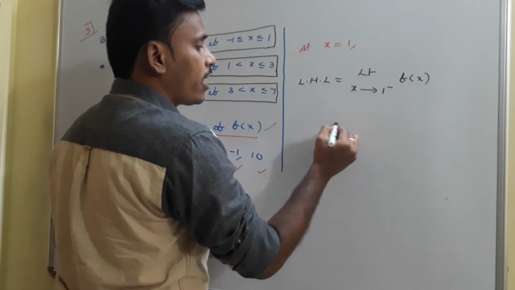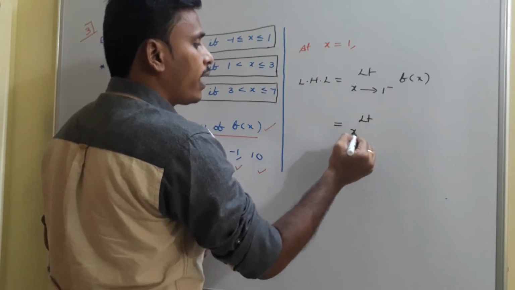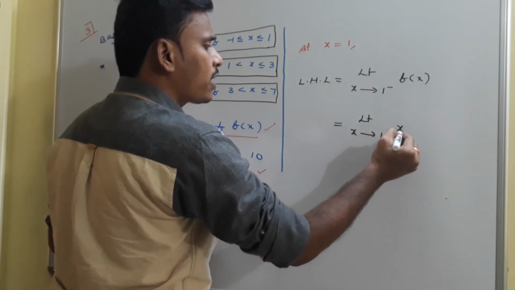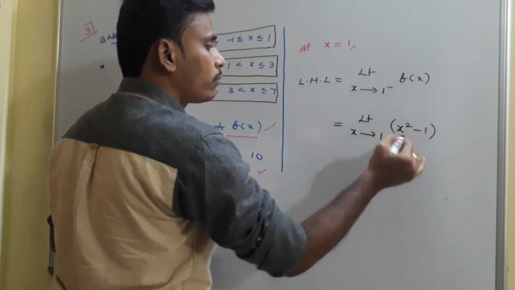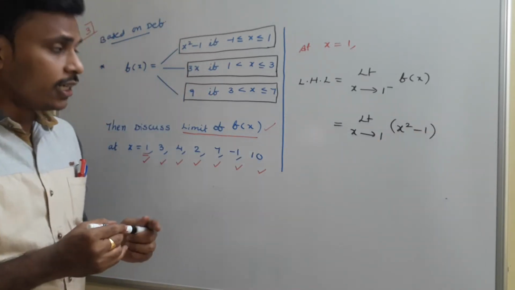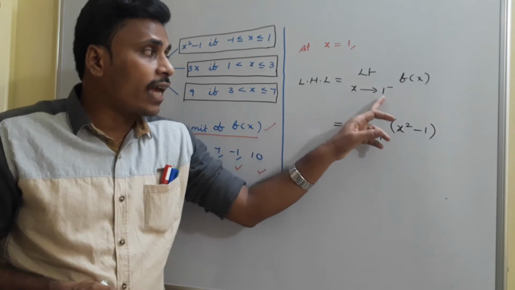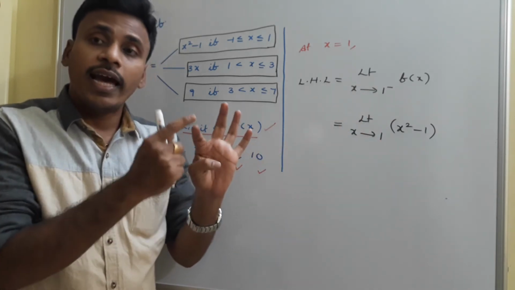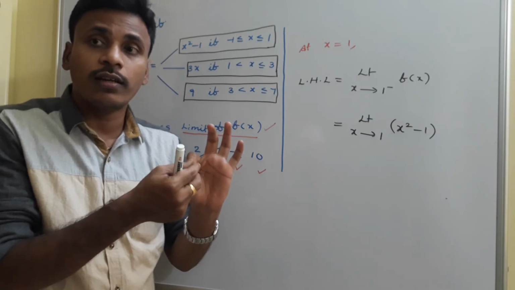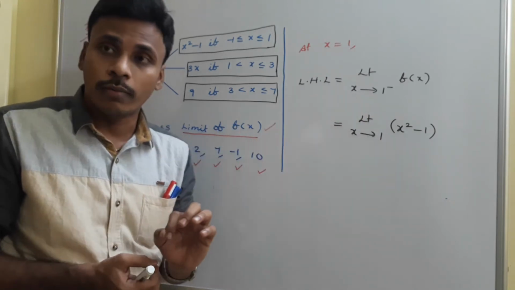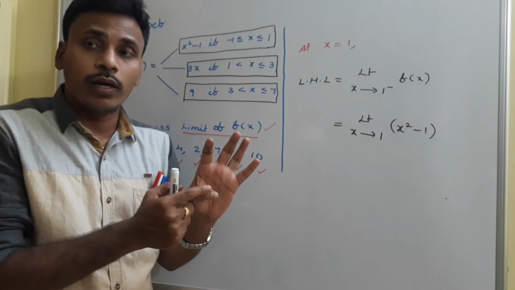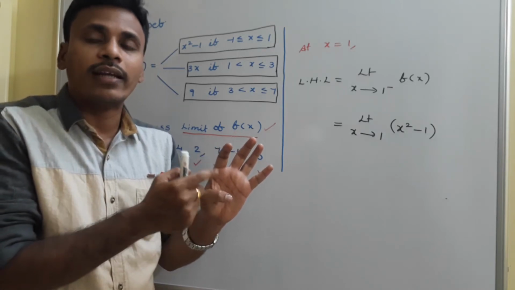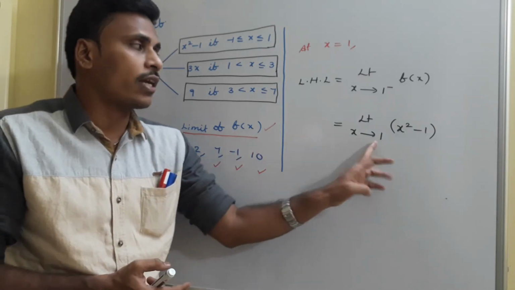Here, x tends to 1 minus means x is less than 1 and x approaches 1. Both together, we write it as x tends to 1 minus. If you use x less than 1, then there is no use to write x tends to 1 minus. It is enough to use x tends to 1.